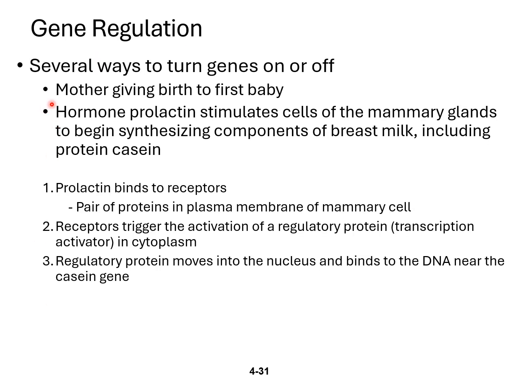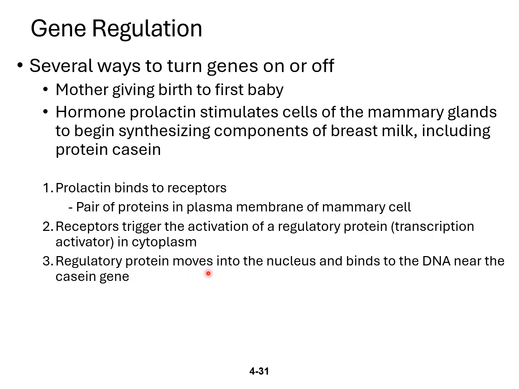One example is a mother giving birth to her first baby. The hormone prolactin stimulates cells of the mammary glands to begin synthesizing components of breast milk, including the protein casein. The prolactin binds to receptors, a pair of proteins in the plasma membrane of the mammary cell. This receptor triggers activation of a regulatory protein, an activator in the cytoplasm.